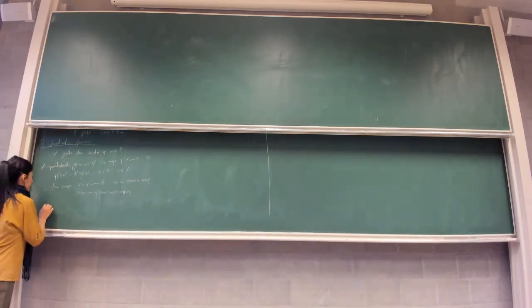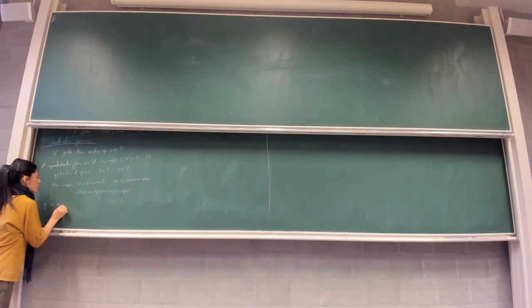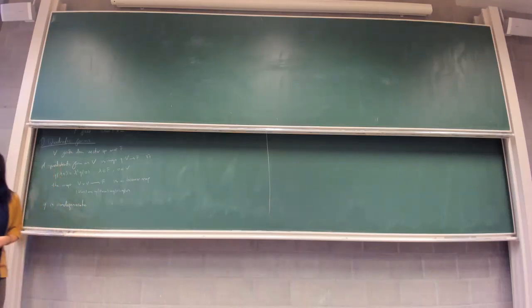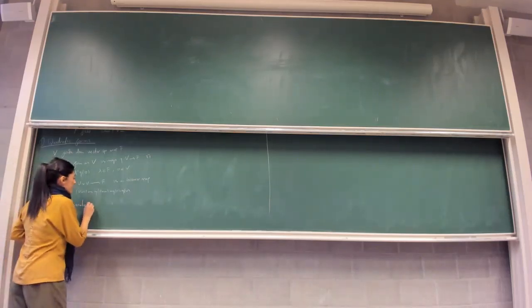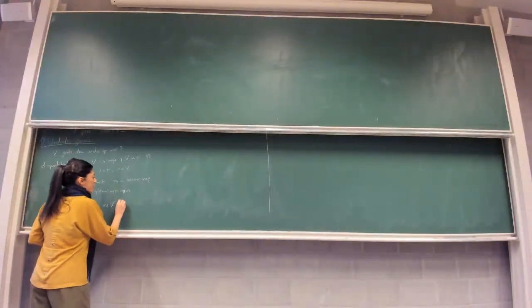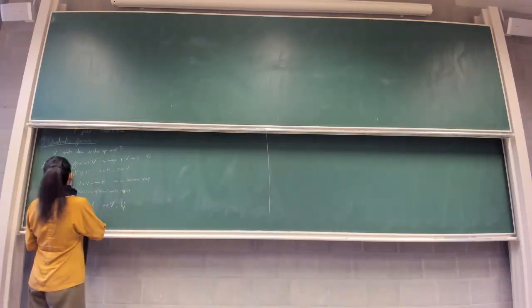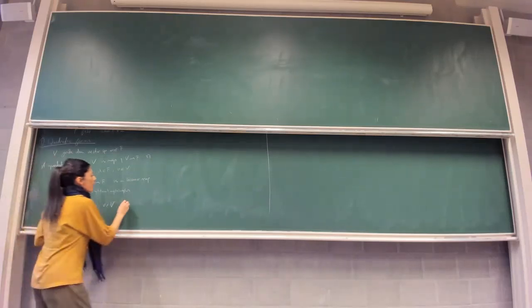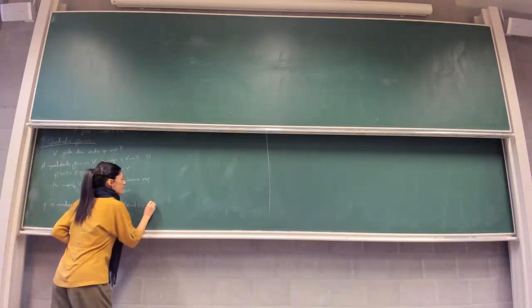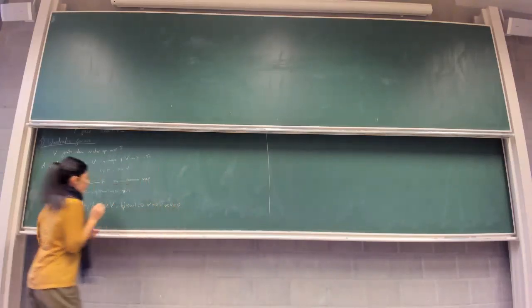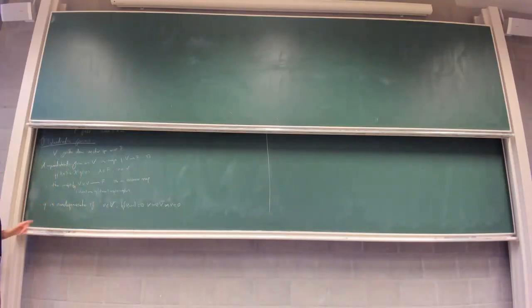So let me call Q non-degenerate if the only vector v that satisfies this condition, okay, I give a name to this bilinear map, b_Q, is 0 for all w, is the zero vector. The only vector satisfying this condition is the zero vector. In that case, we call it non-degenerate.